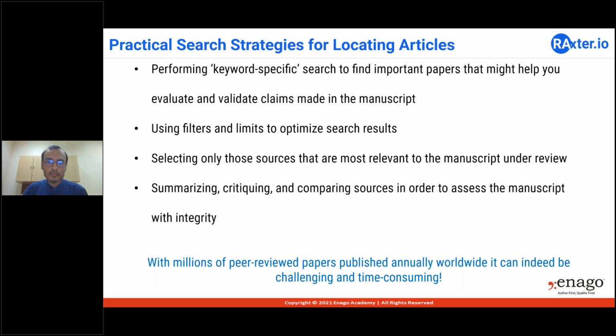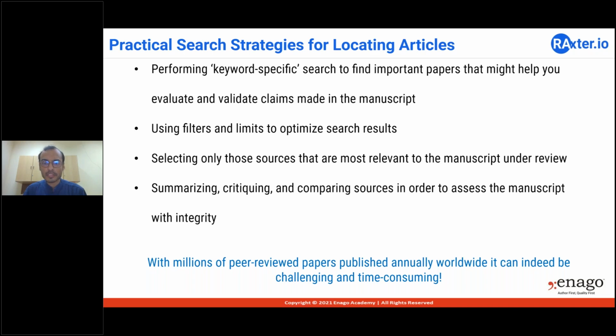There are other, more specific ways you can improve your search strategies for locating articles. You can do keyword specific searches to find important papers that might help you evaluate and validate the claims. You can use different types of filters and limits to optimize the search results.